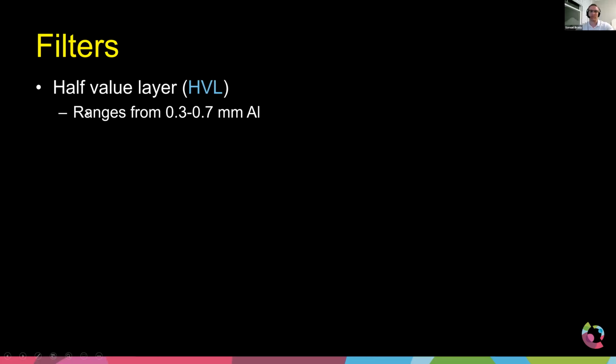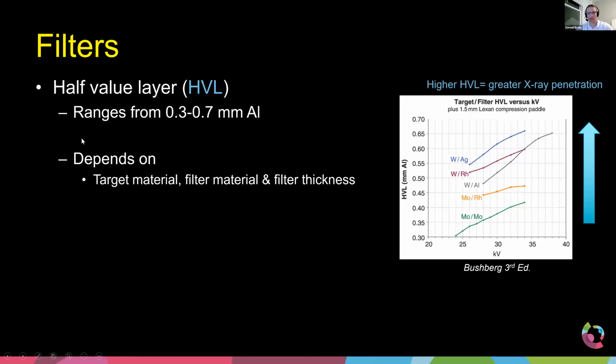So, talking a little bit about the type of filter you use, going back in time, as we talked about a couple of weeks ago, we talked about the half value layer, which defines the beam quality of the photons coming out of the X-ray tube. When you look at these various combinations, here's tungsten-aluminum, you can see you have a relatively high beam quality.